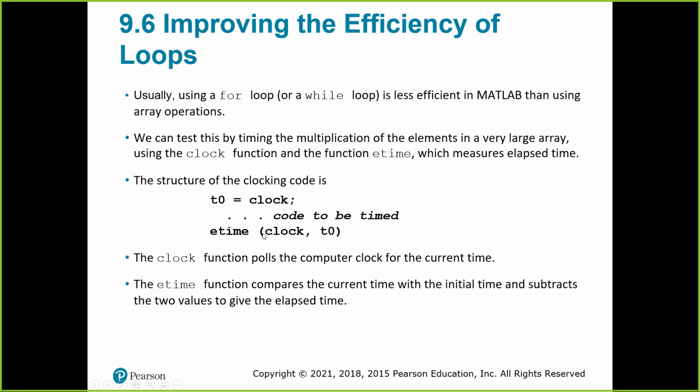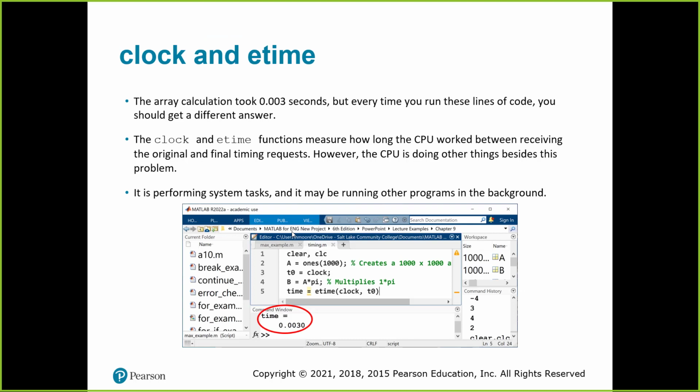You run your code, and then etime gives you the change in time between this clock and the next clock. So it tells you how long it takes to execute that code. This is really complex. There's a much simpler way. I'm not sure why we'd want to do it that way, but it is still in the book. It's just briefly mentioned.